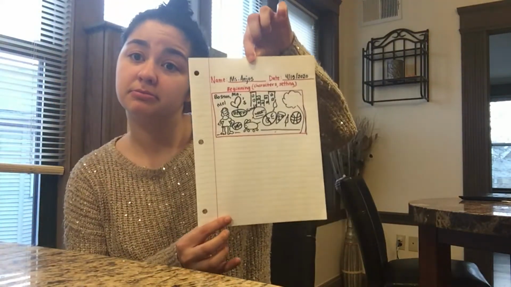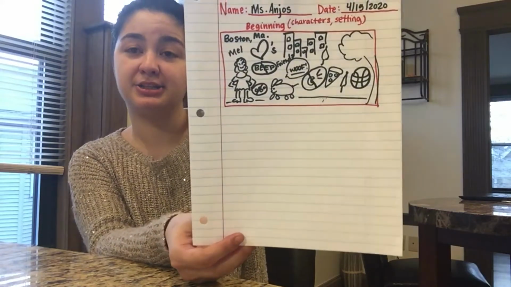Okay, now you want to describe your character and your setting in a way that's clear and lets your reader understand what your story is about. So I'm going to grab my beginning page. Okay, I look at my illustration.